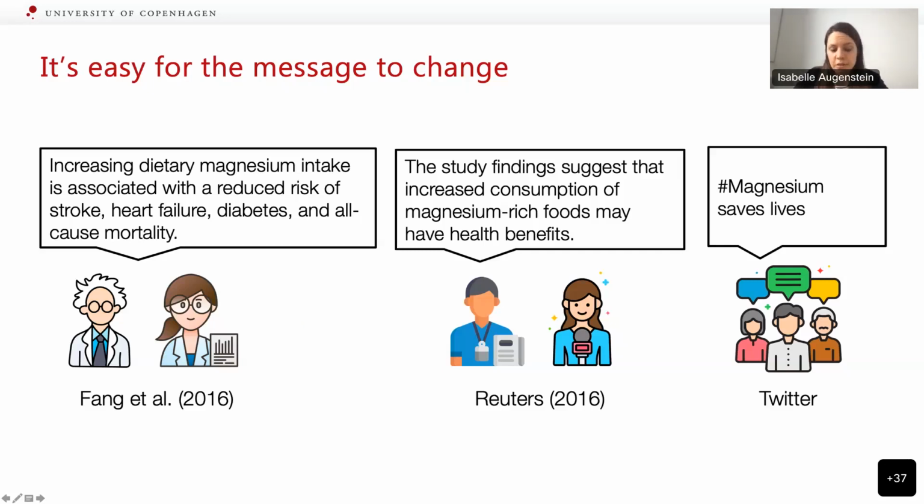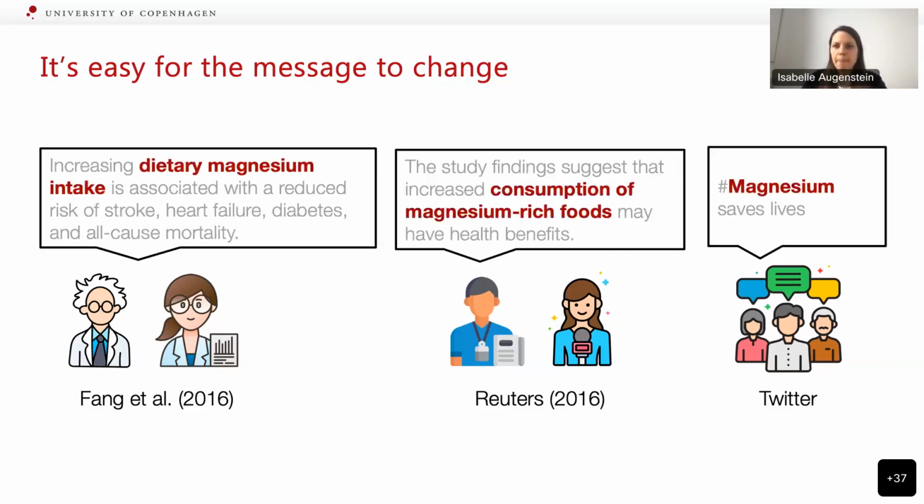Now, this is an actual example that we also use in our data set. Why is that problematic? Let's break it down a little bit. The first problematic thing is that the independent variable, dietary magnesium intake, is being generalized to consumption of magnesium-rich foods to all magnesium.